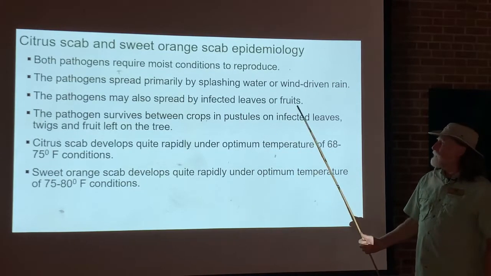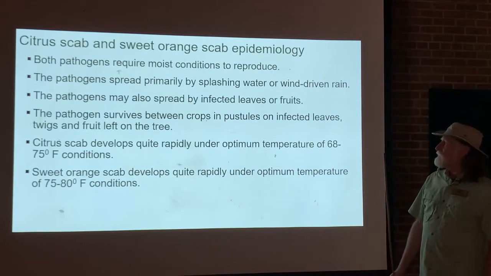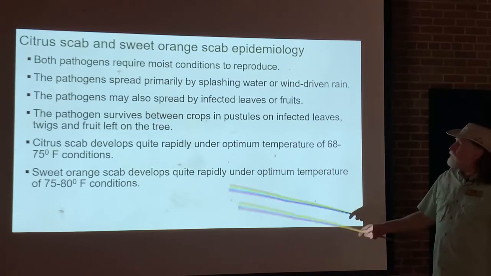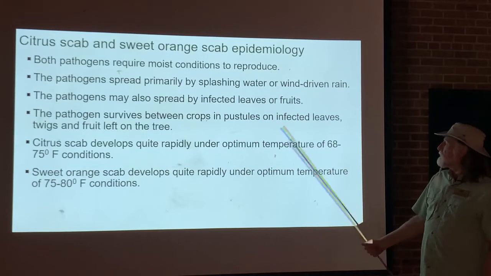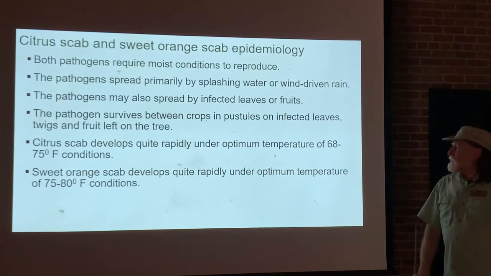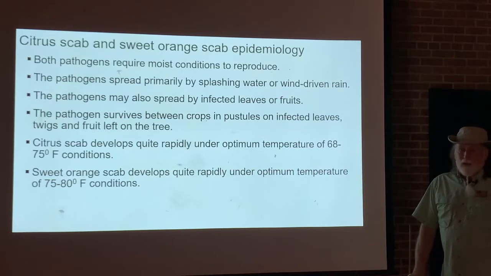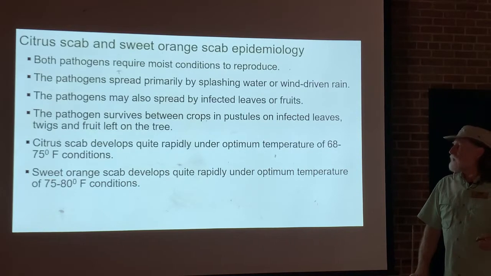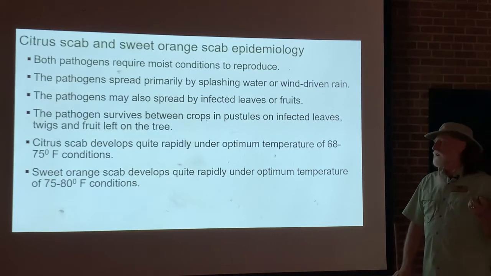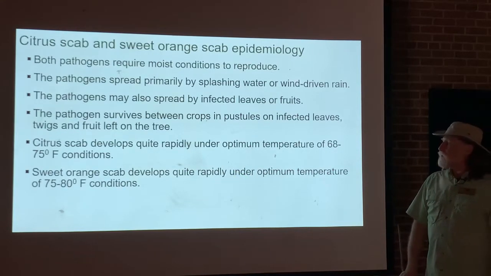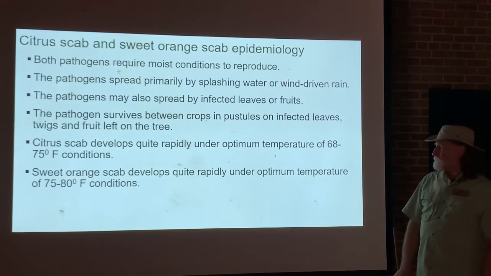Between crops, the pathogen will survive in the pustules on the plant debris left either on the infected leaves, twigs, or even fruit that's left on the tree. So it can survive on that for extended periods of time, and as soon as conditions are right, new growth begins and the scab fungus produces spores that will spread.